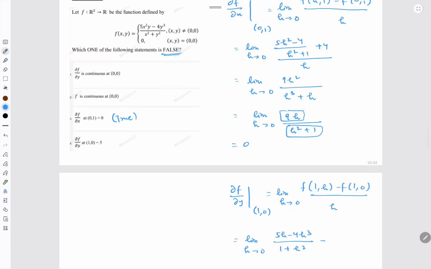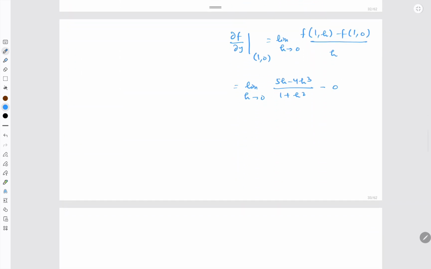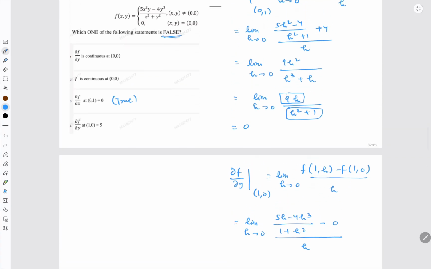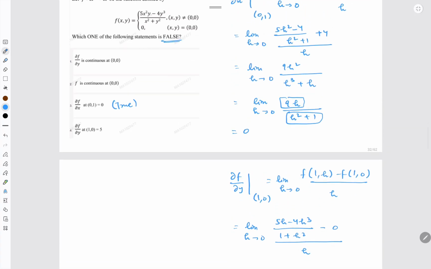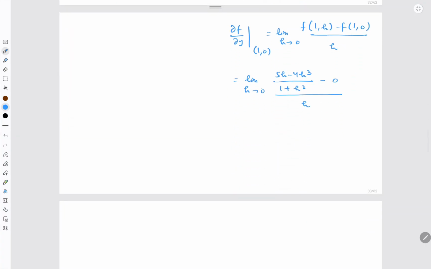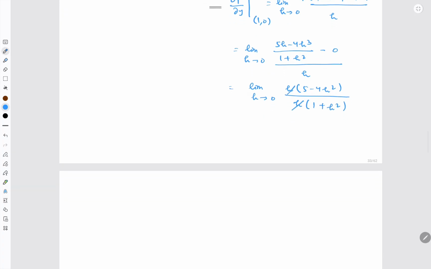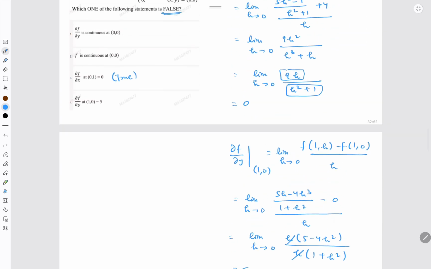If I put 0 in place of y, this term is containing y, so it will become 0 only, by h. So limit h tends to 0, taking h common, 5 minus 4h square, h into 1 plus h square. If I put h as 0 now, it will be 5. So this is also true.